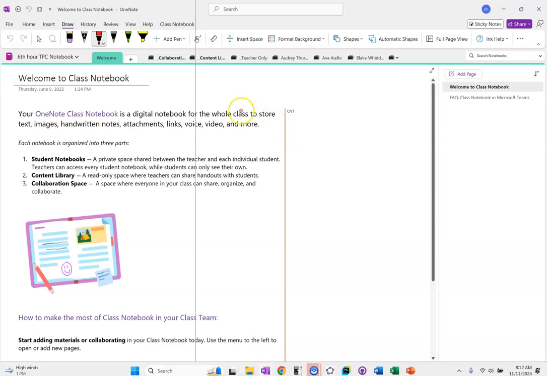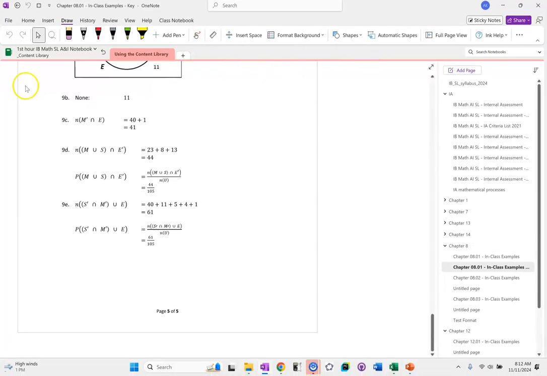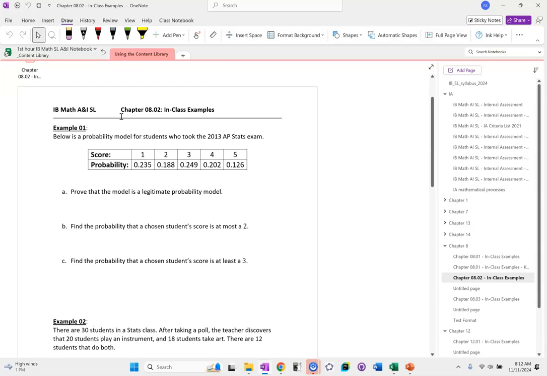Let's do our in-class examples here. Below is a probability model for students who took the 2013 AP Stats exam. Prove the model is a legitimate probability model.